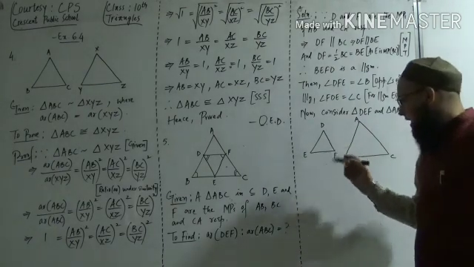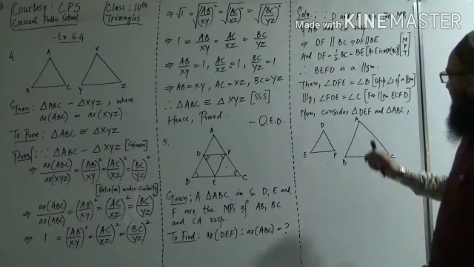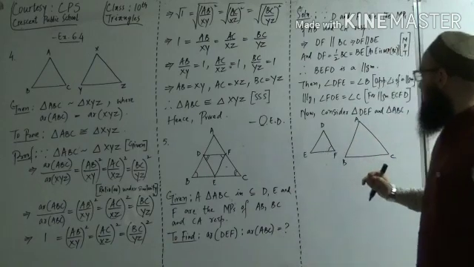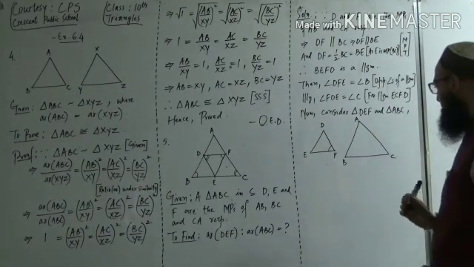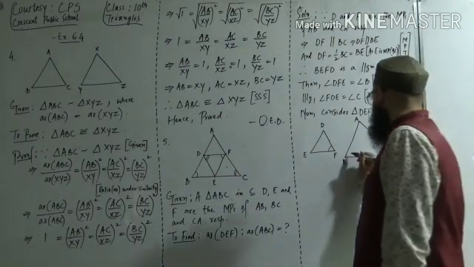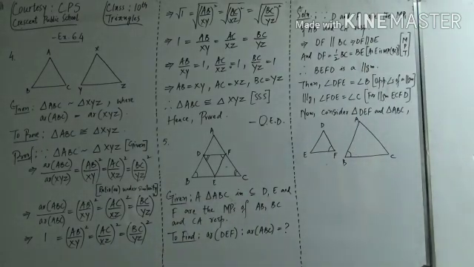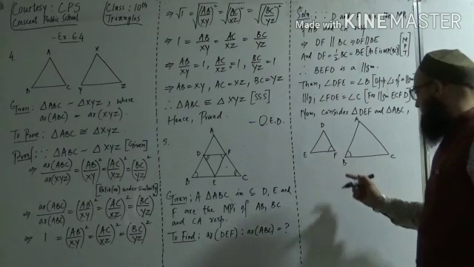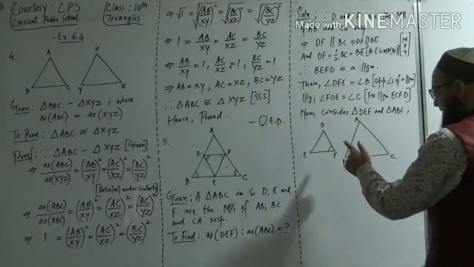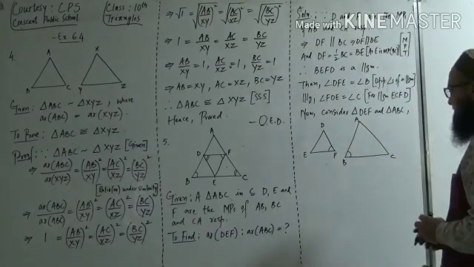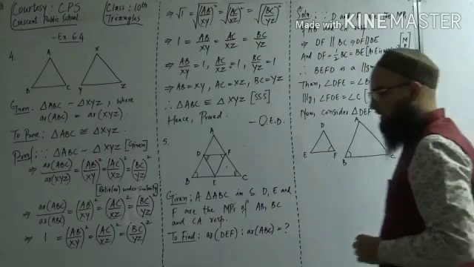Now see, here what you observe in these two triangles, angle DFE is equal to angle B. You got that one? So I'll consider DEF and ACB.